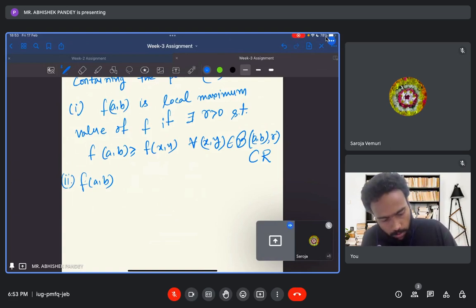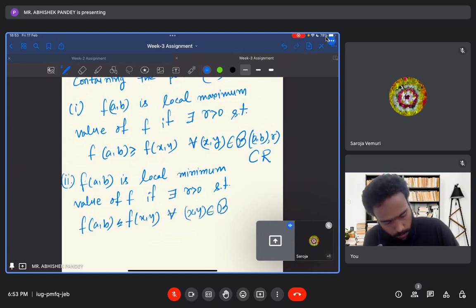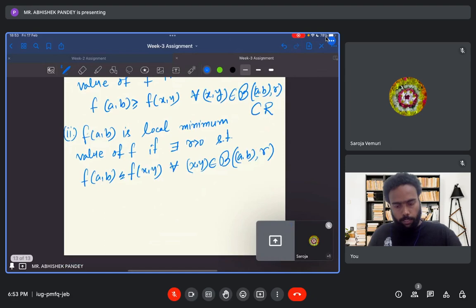For the local minimum, f of A comma B is a local minimum if there exists r greater than 0 such that f of A comma B is less than or equal to f of x comma y for all x comma y in some ball centered at A comma B with radius r.